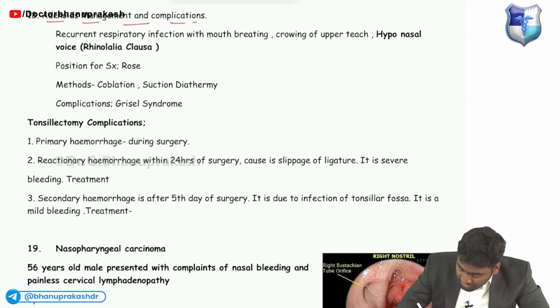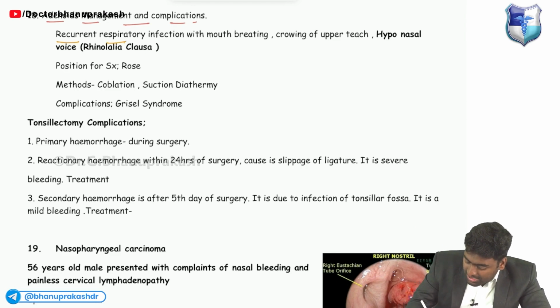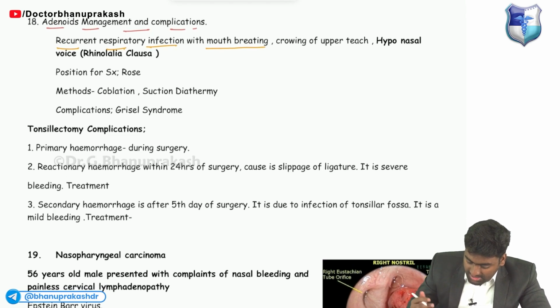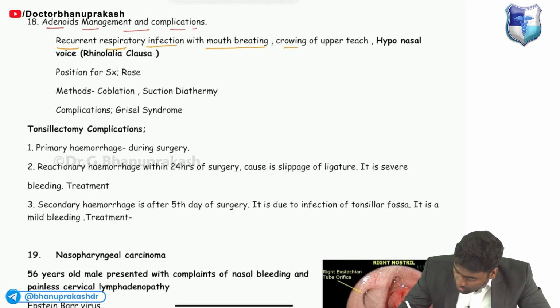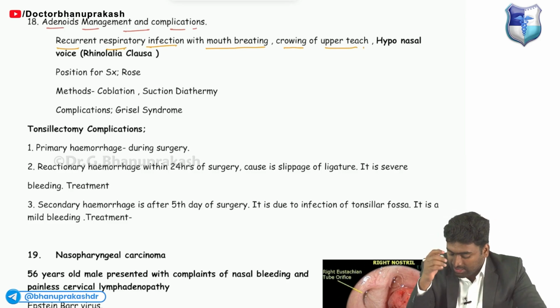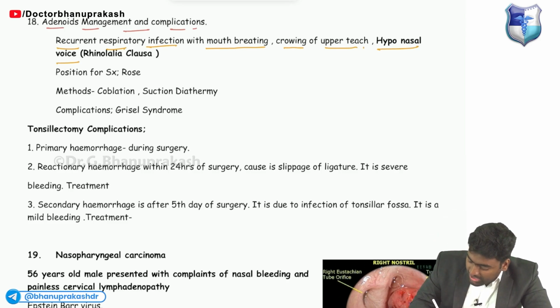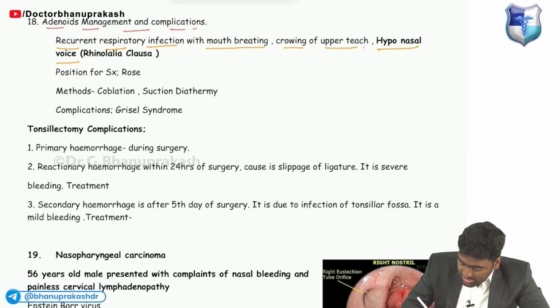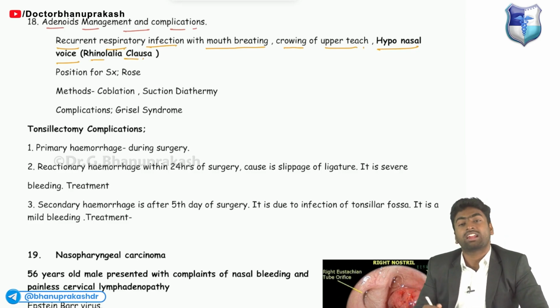So there are features of recurrent respiratory infections along with mouth breathing and crowding of the upper teeth. Because of the blockage of the nasal cavity, there is rhinolalia clausa.